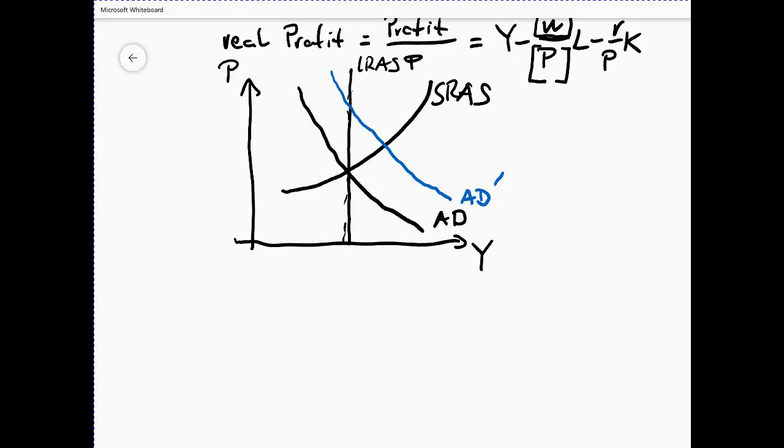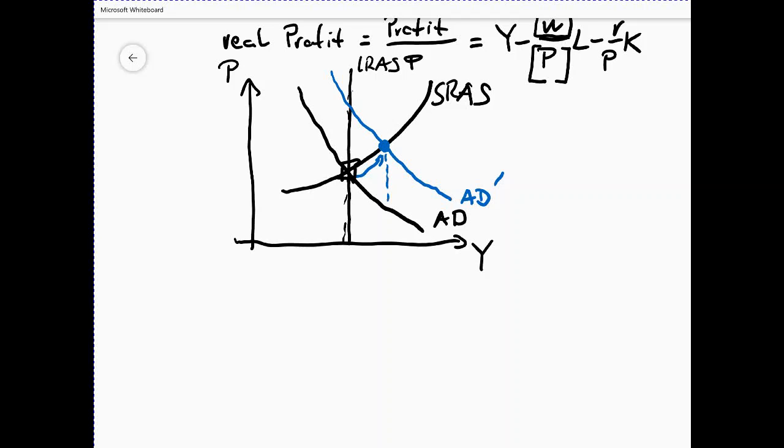This will cause an inflationary gap, and you can see that the economy will start from the original equilibrium here and will go up to a short-term equilibrium. This movement along the SRAS is because of nominal wage rigidity plus, of course, this informational asymmetry.